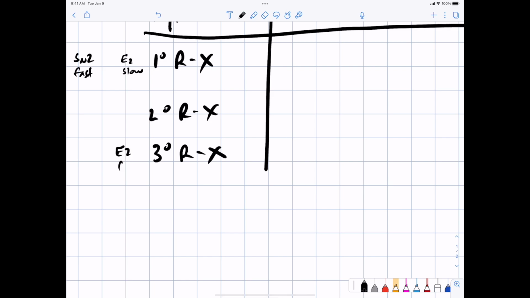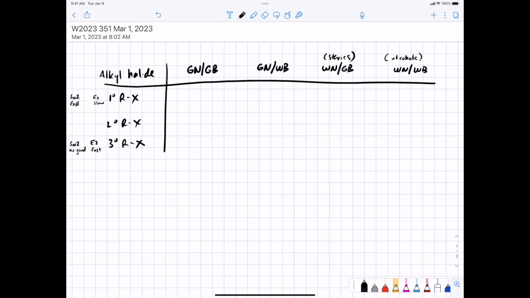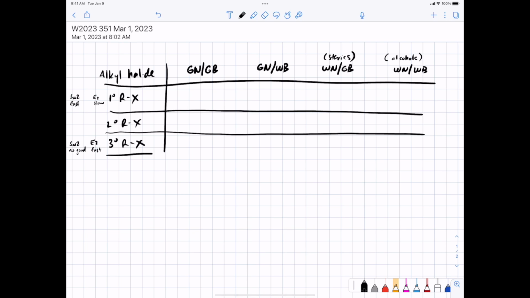And E2 is fast for tertiary alkyl halides, but SN2 doesn't happen for tertiary alkyl halides. So with all of this in mind, we've got sort of an intersecting set of 12 different situations that you can encounter. And we should be able to deal with each of them.